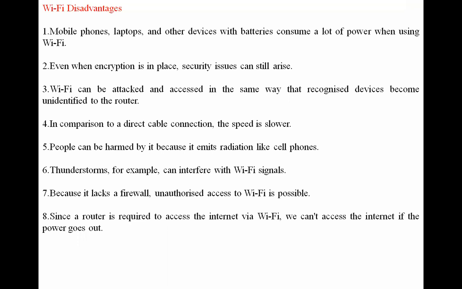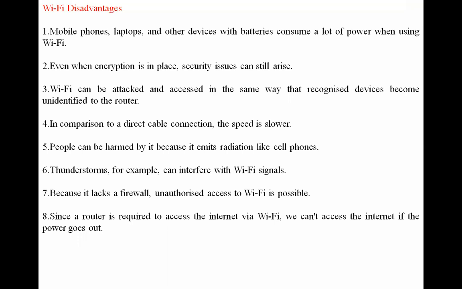Even when encryption is in place, security issues can still arise. Security issues arise if a person comes from outside. Outsiders can't access the particular Wi-Fi fixed in this organization. It has to be secured, and it has been secured. Wi-Fi can be attacked and accessed in the same way that recognized devices become unidentified to the routers.